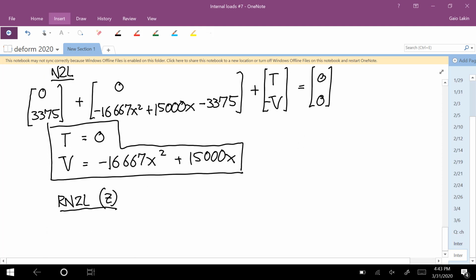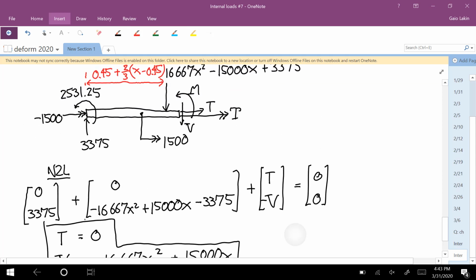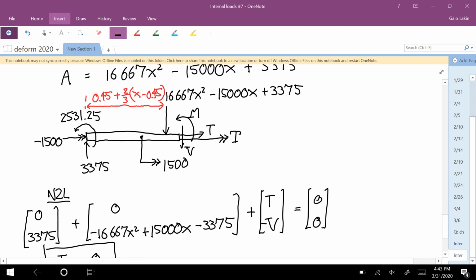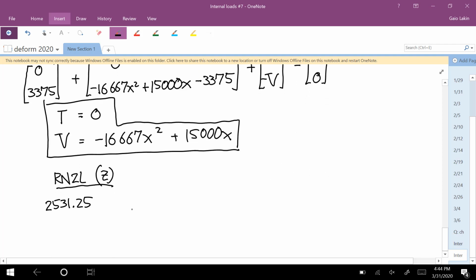We have the couple of 2531.25. And now we have this force, the force with this magnitude, and it has this moment arm. Okay, so we have the moment arm of 0.45 plus, change this to a bracket, 0.45 plus 2/3 of x minus 0.45.